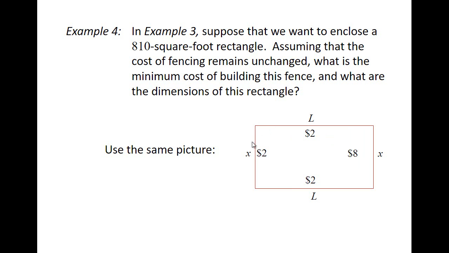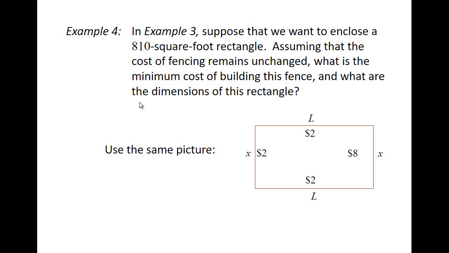But this time we are told that the enclosed area must be 810 square feet, and so then we need to minimize the cost. So what is the minimum cost of building this fence, and what are the dimensions of this rectangle?